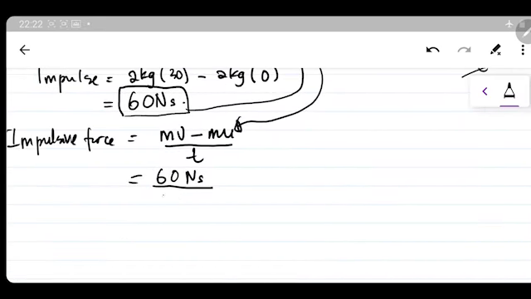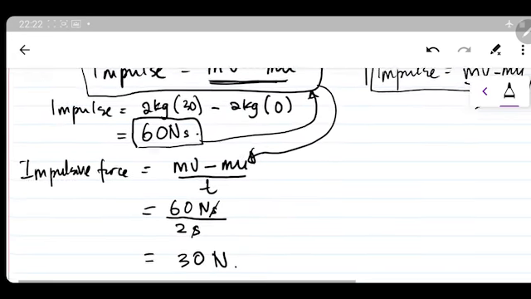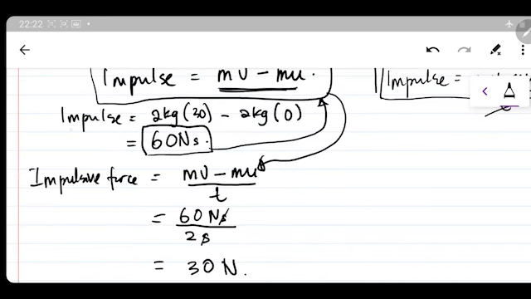We can cancel the unit, and we get 30 newtons. Now this is very clear: impulse and impulsive force are two different things. Number one, the formula is different, and the unit is also different. These are two things that we need to understand.